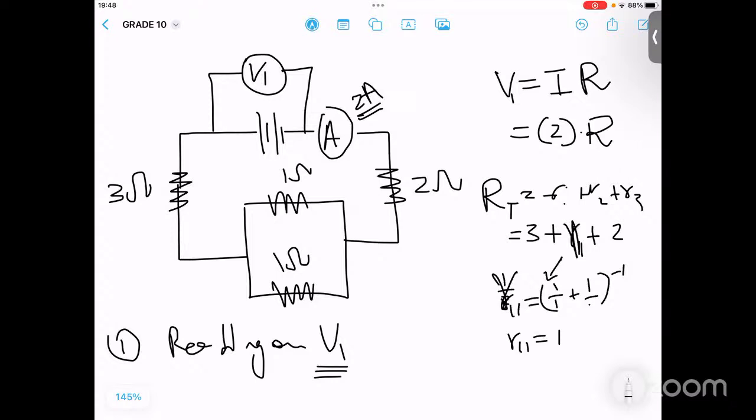Not R parallel, because 1 is actually R parallel, and R total is equal to 6. So you have your 2 there, you have your 6 there. What is 2 times that? It gives you 12. So your V is equal to 12 volts. So the reading on V1 will be equal to 12 volts.